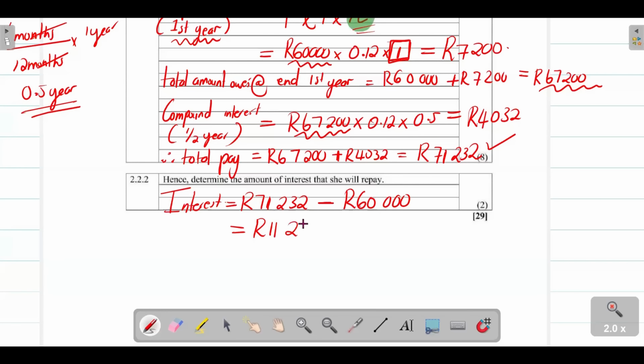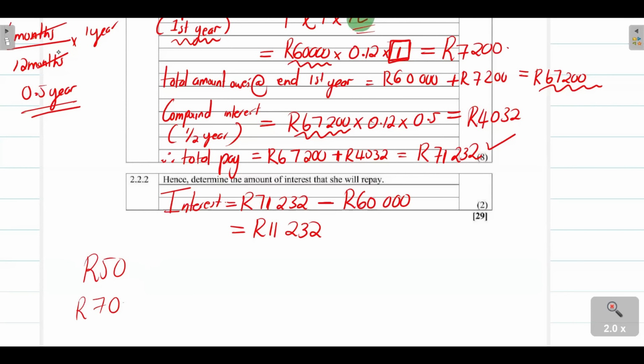I'm going to try and explain it again. If Latoya comes to me and says, ma'am, can you lend me 50 rand? And I say, sure, I'll give you 50 rand, but you need to bring back the 50 rand as 70 rand. So Latoya initially borrowed 50 rand, but I tell her that if she brings back my money, she needs to bring it back as 70 rand.